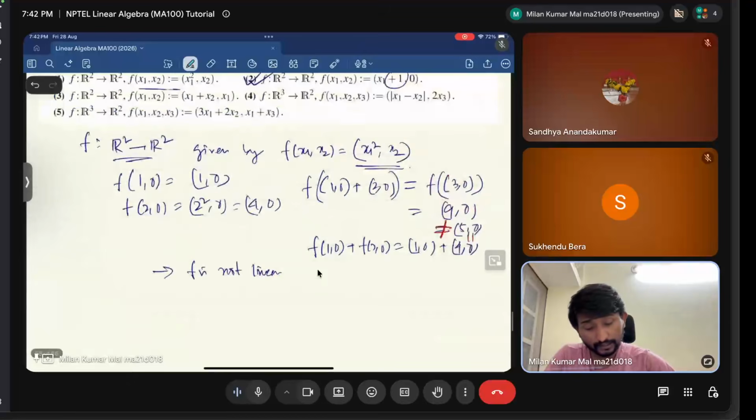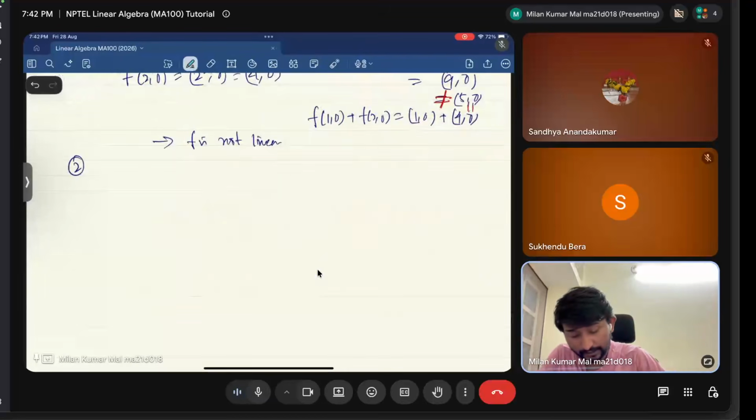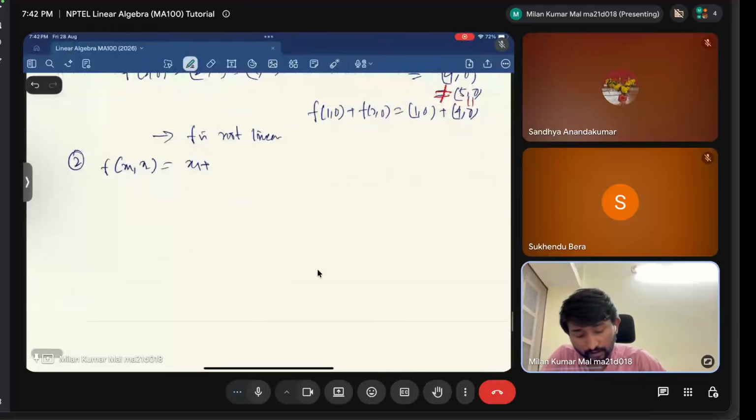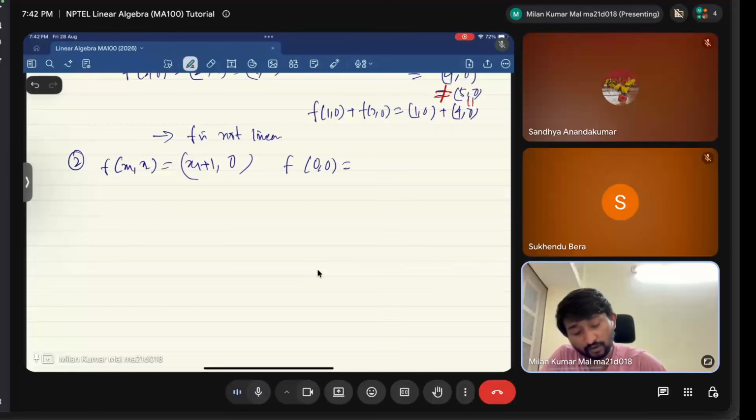So let's take the function 2, that says f of x1, x2 is equal to x1 plus 1, 0. So that means f of 0, 0 is 1, 0, and f of 1, 0 is 2, 0.